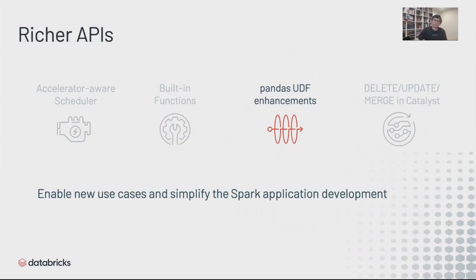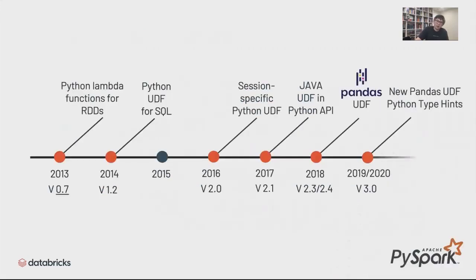Pandas UDF. So this is a pretty popular performance feature for PySpark users. So let us talk about the history of UDF support in PySpark. In the first release of Python support, in 2013, we already supported Python lambda functions for the RDD APIs.